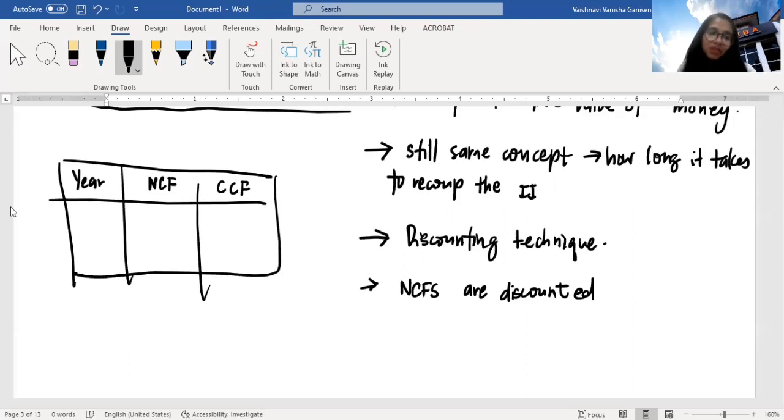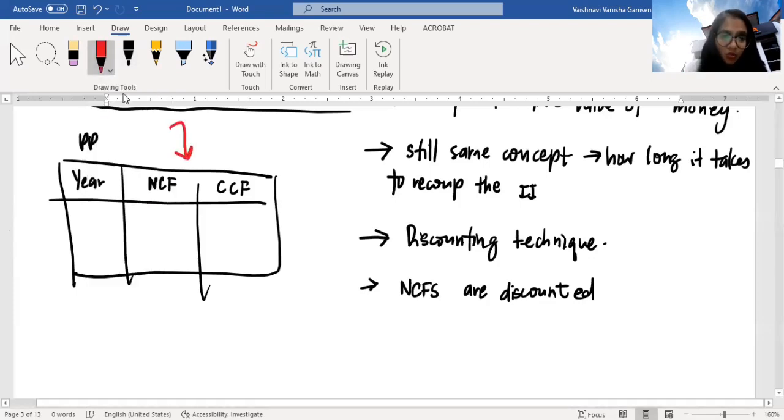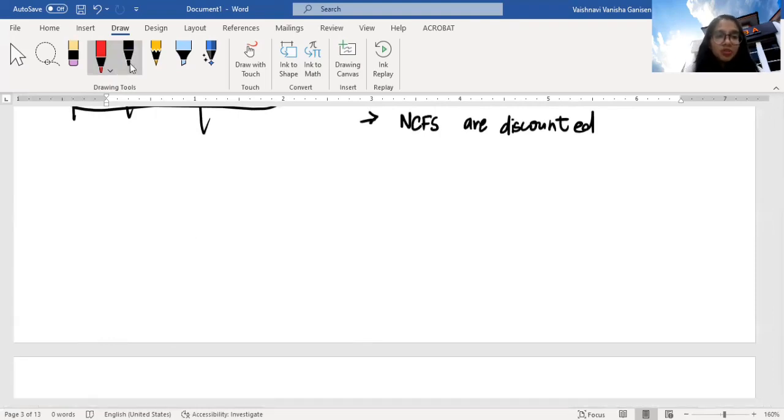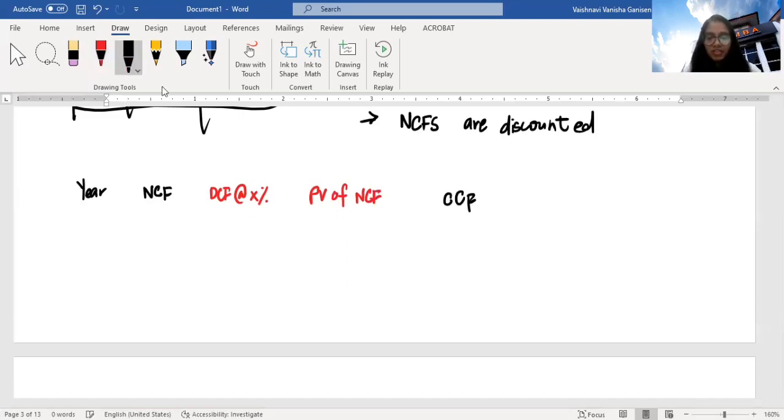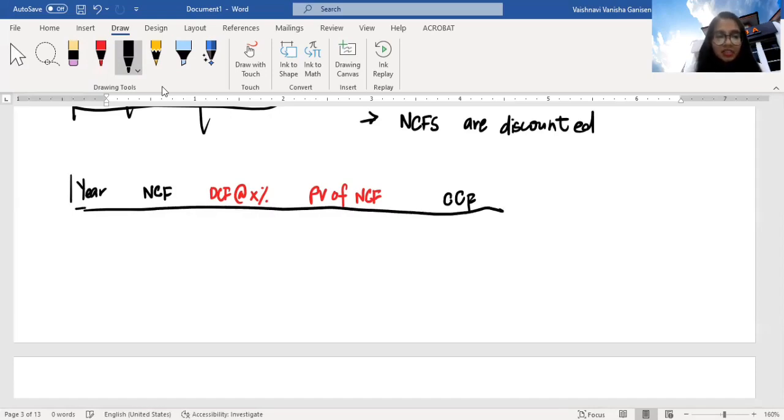For the adjusted payback period, I'm going to add two more columns, okay? So I'm going to have year, net cash flow, discount factor, present value of NCF, and cumulative cash flow.